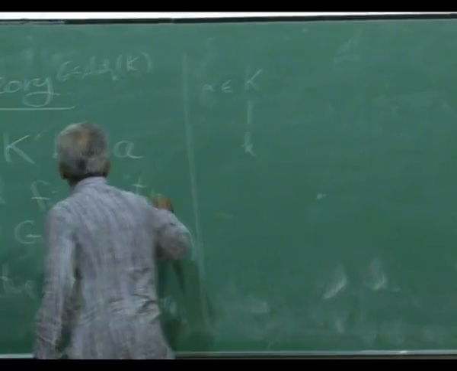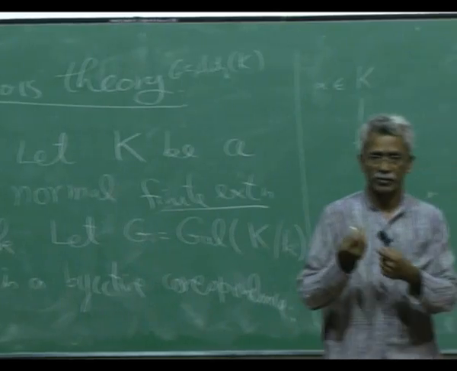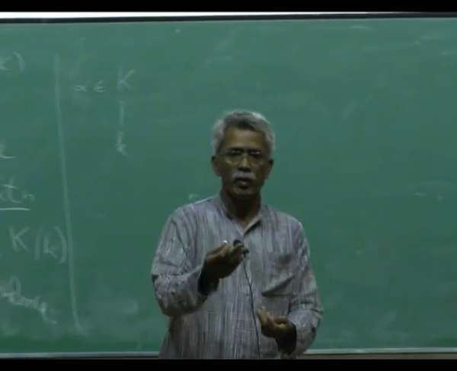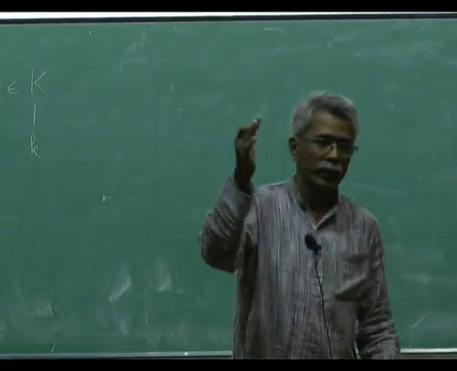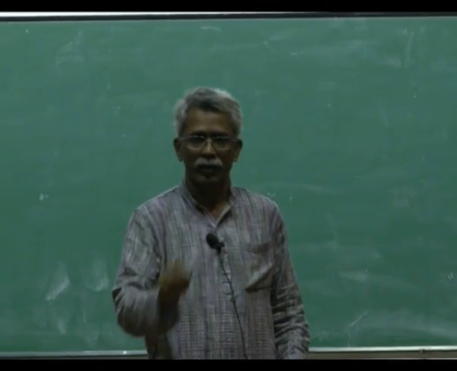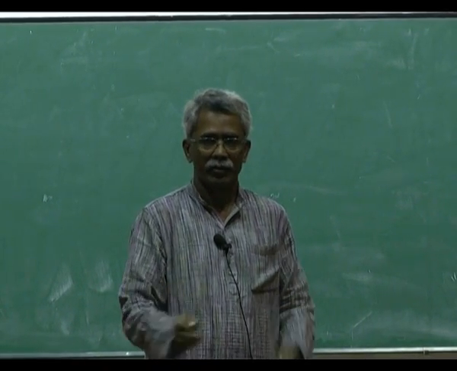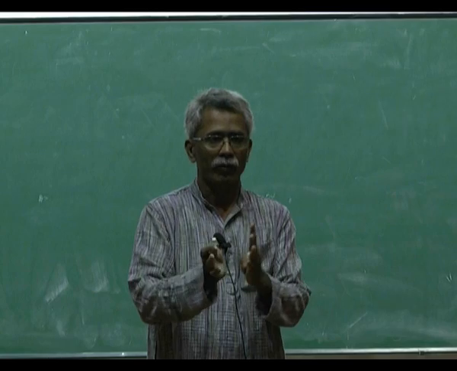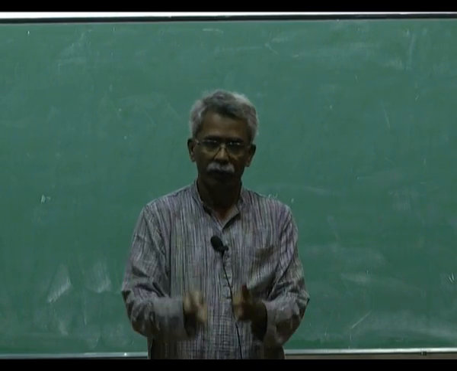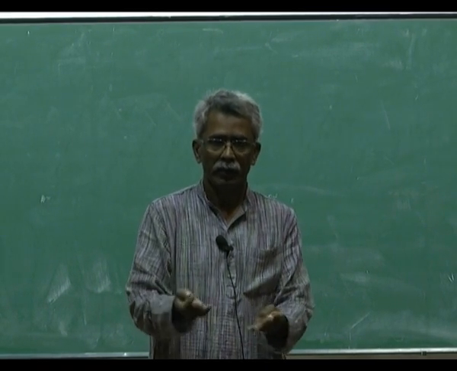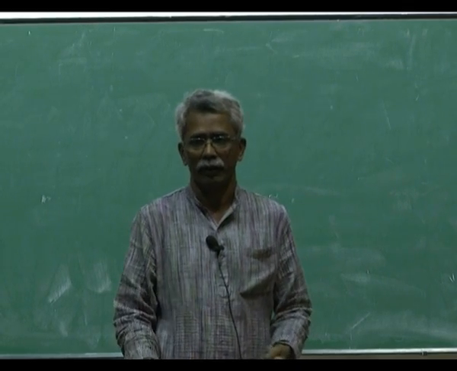See, this one is a finite extension. What is the meaning of finite extension? That is what I should have explained first. That simply means that the dimension of capital K as a small k vector space is finite. I can think of capital K as a small k vector space, so I can ask what is its dimension. It is finite. That's all it's saying.